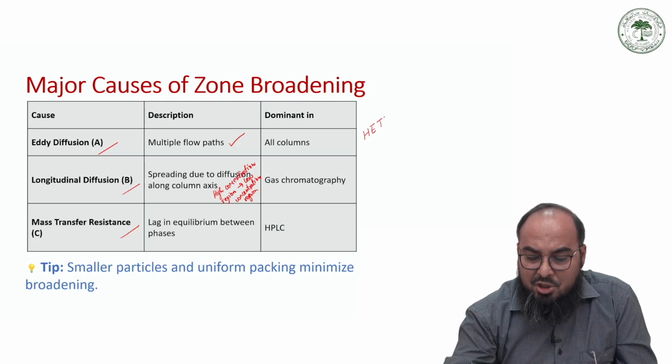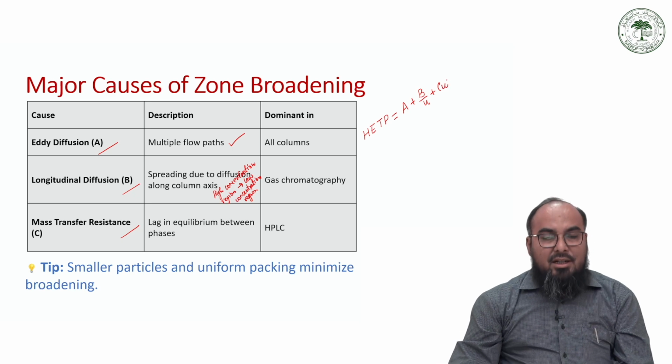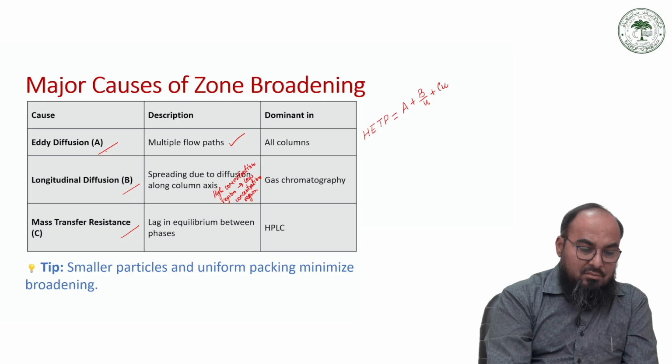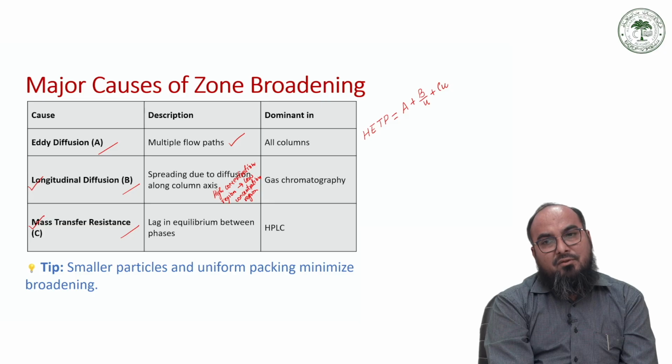The Van Deemter equation is HETP is equal to A plus B upon U plus CU. So it is composed of three terms: A is the eddy diffusion, B is the longitudinal diffusion, and C is the resistance to mass transfer.